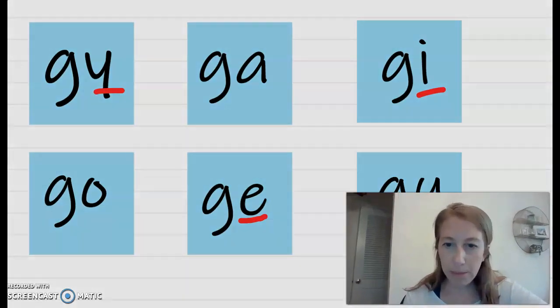So that is the rule for knowing when it is soft or hard G and C.